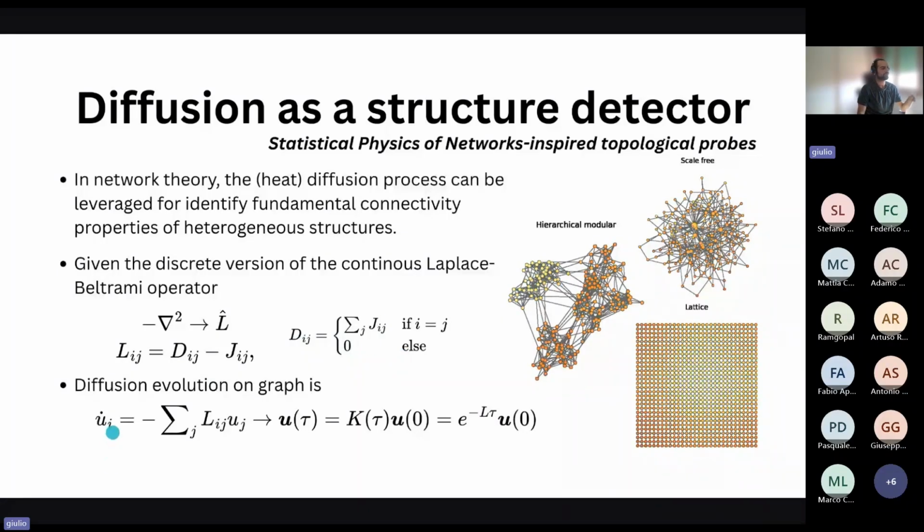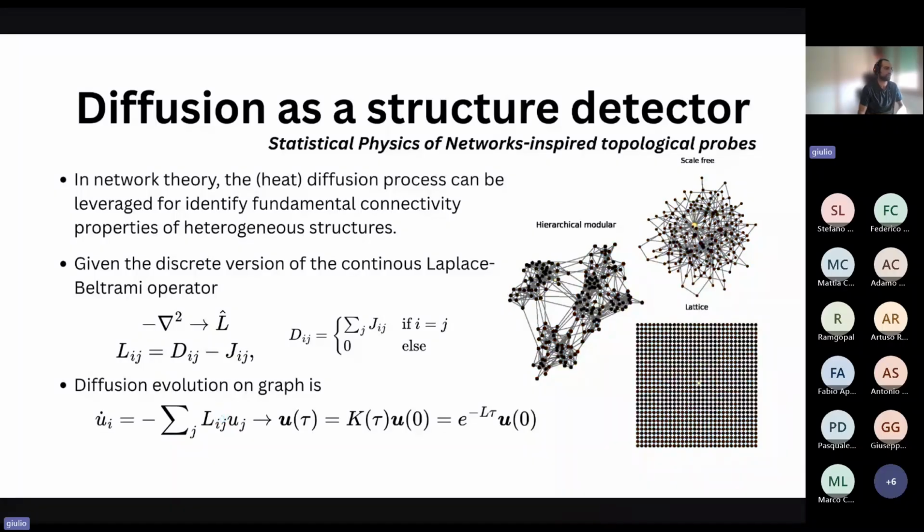Then the diffusion process reads very easily: the time derivative of the quantity at each node is simply given by the application of the Laplacian on top of the state of the network itself. You can see this in the propagator form, which takes the exponential form given the initial condition.